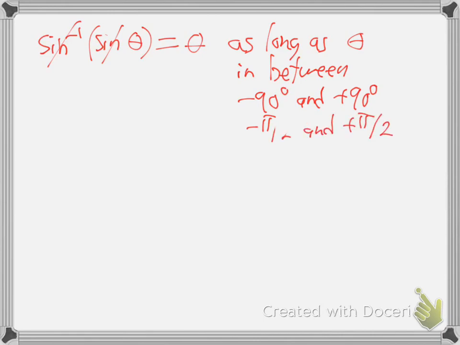Because remember, that's the restricted zone for sine. Remember that special restricted zone we did for sine inverse and tangent inverse? It's got to be in that zone to be true.